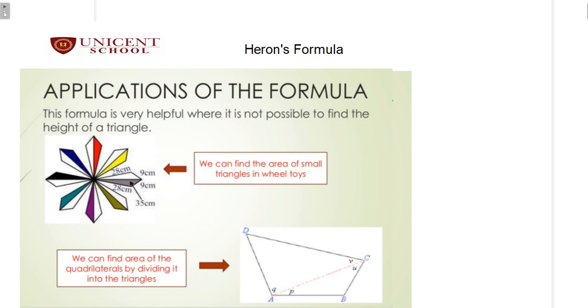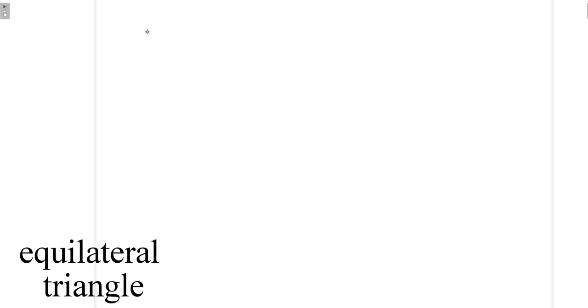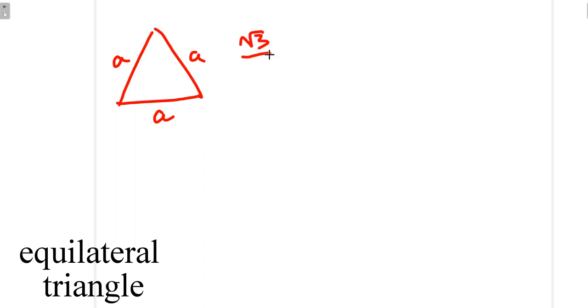We will take the situation of an equilateral triangle, which has each side as a units. What is the equilateral triangle formula? We know that it is root 3 by 4 a square. To find the area, we use this formula.